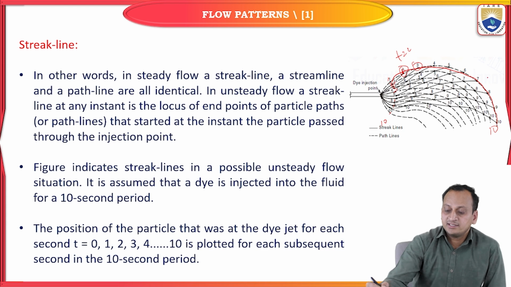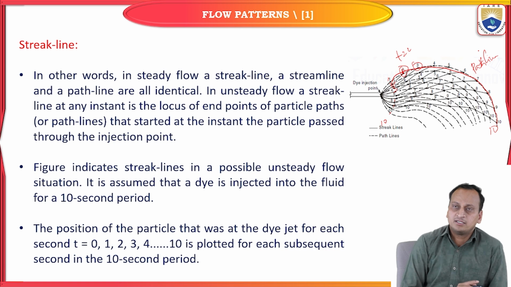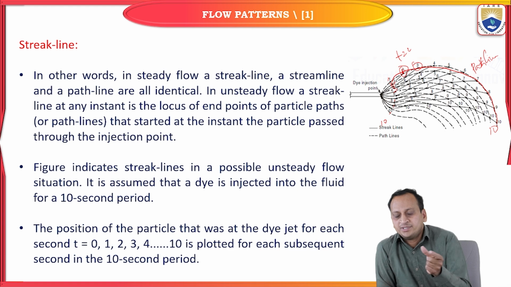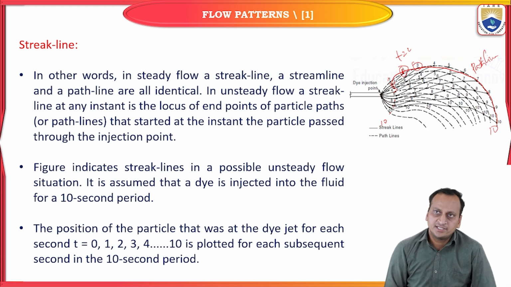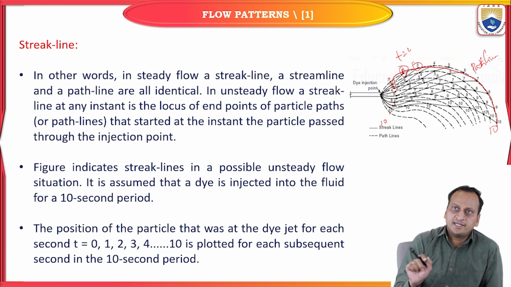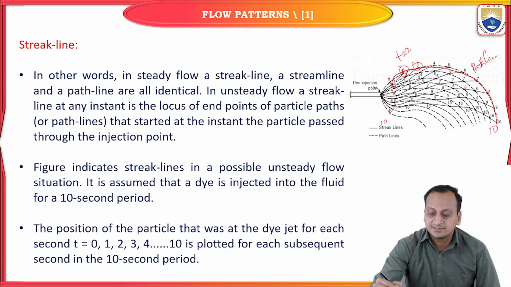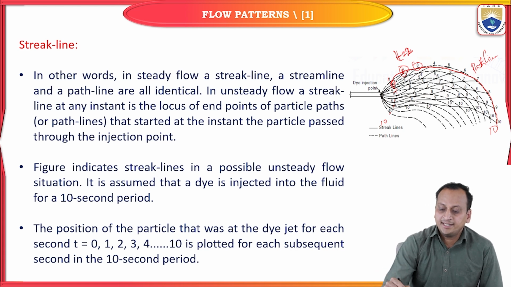This is known as a path line of that fluid particle, because we are selecting one fluid particle and tracing out its location for a period of 10 seconds. At every instant of time, we are locating its position and joining. But at t equals 2, if you inject a second particle, it will travel for the remaining 9 seconds, and this will be the path line of the second fluid particle.